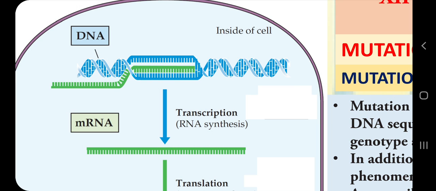So we learned about the structure of DNA, RNA and proteins in class 11th biology, biomolecules, and there we learned about the basic units of DNA and RNA, which are nucleotides, and the basic unit of proteins, which were amino acids.